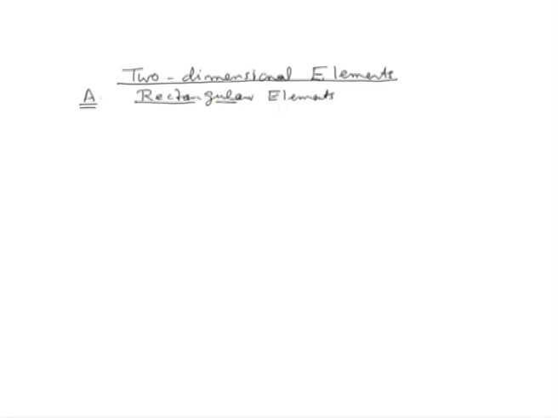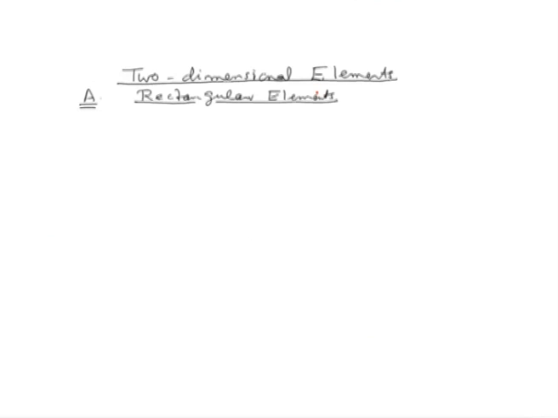So, we are using the word rectangular. These shape functions can also be used for the curvilinear elements which have got four sides by using what we call isoparametric mapping, or they can also be used for quadrilaterals of arbitrary type.